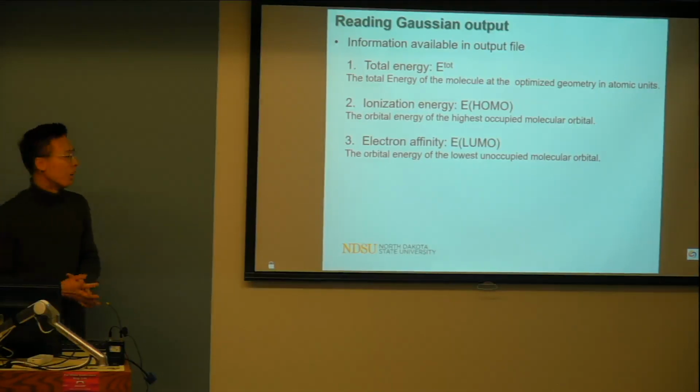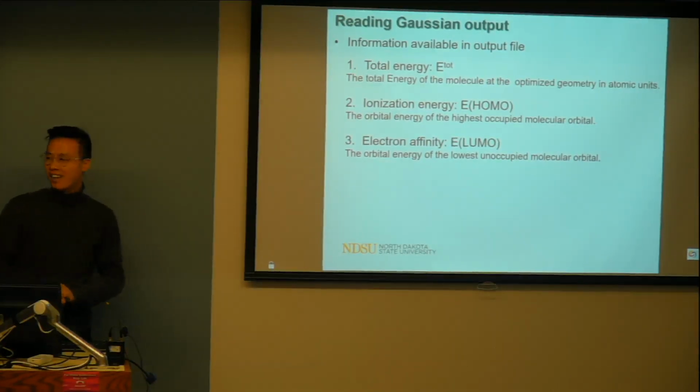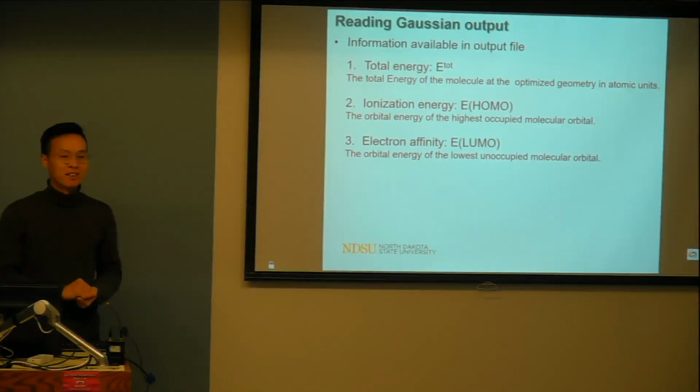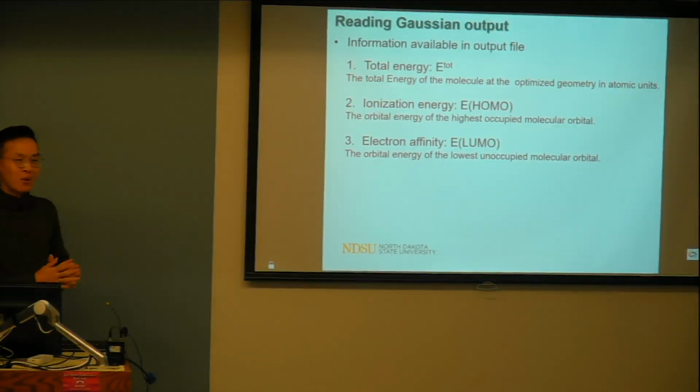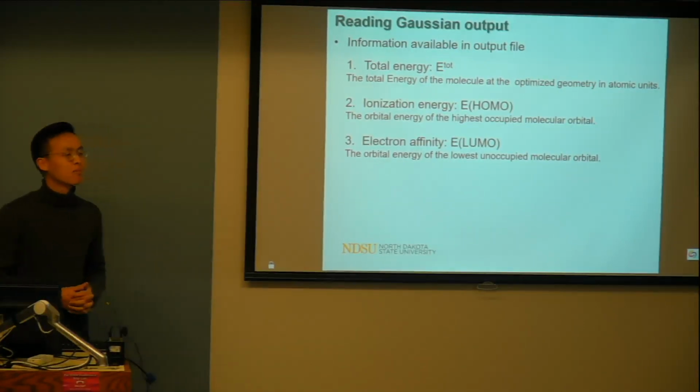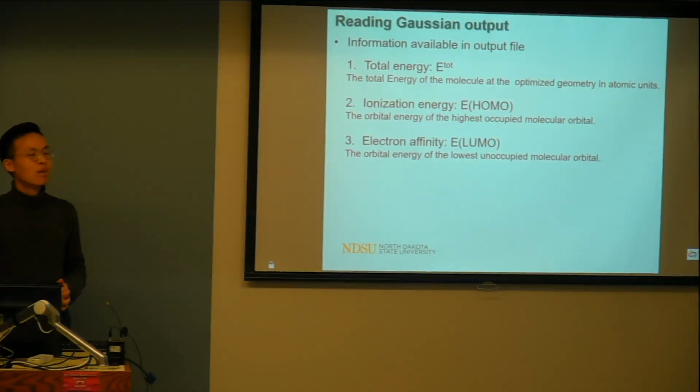What is ionization energy? The definition. If you're not sure, ask the class. Let's do a collective brain. If you want to take an electron from the metal outside, that's the ionization energy. Right, that is the energy needed to remove one electron from the system and put it infinitely far away.